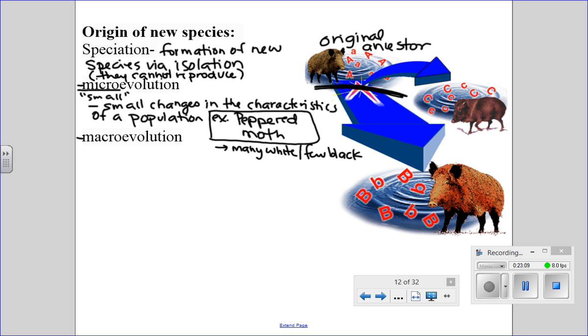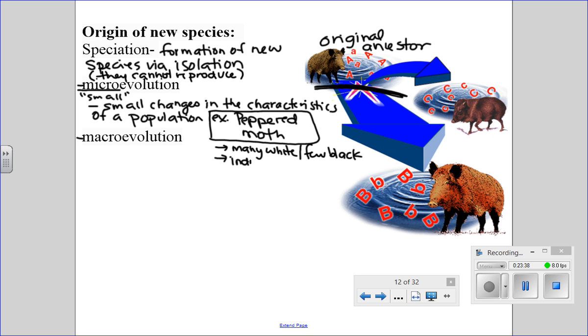So the peppered moth has sort of two different color possibilities, either mostly white wings with little black specks on them, or sort of the opposite, mostly black wings with little white specks on them. And in the beginning, there were many white and few black, probably because it was very easy for predators to see a black moth. It contrasted better with the birch trees in the forests where it usually lives.